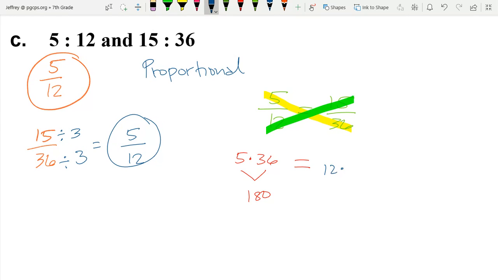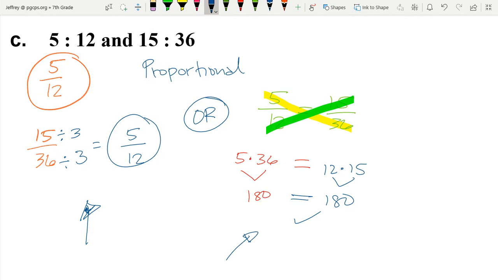So 12 times 15, that should give us 180. 180 is equal to 180, so that's why it works. Remember, you have two choices. It's either you do this first method, which is to simply write the ratio in fraction form, then simplify, or you can just cross multiply or use cross products. Two options, don't forget that.